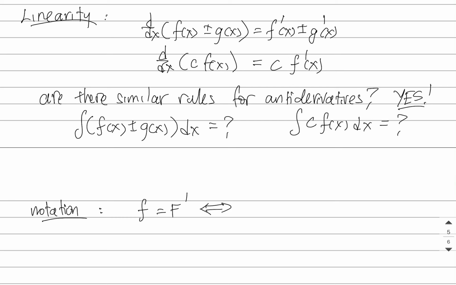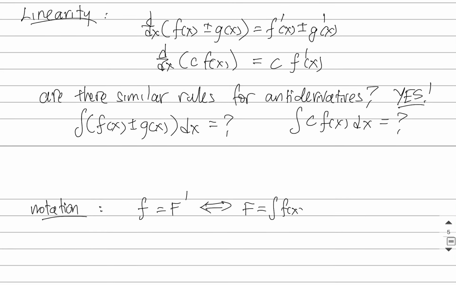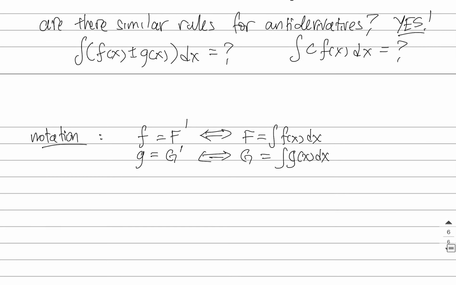The switcheroo way, where the antiderivative is by itself, or the differential form, where it's differentiated and connected like this. So we're just going to use this notation here and show very easily that, yes, we can get the same linearity rules.